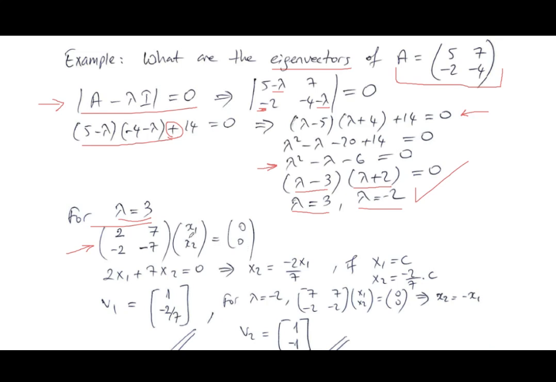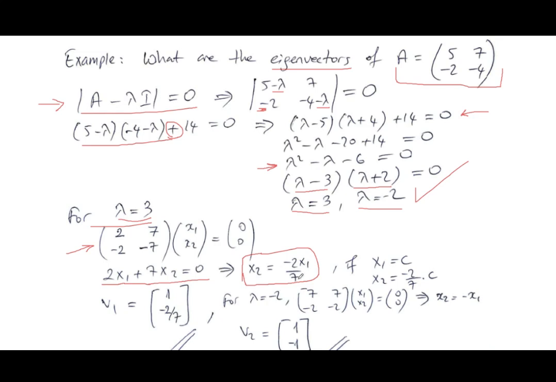So if we write down this equation, we get 2x1 plus 7x2 equals to 0. And notice that both equations will give you this identical equation. So from the first and second equations, both of them give us this result: x2 equals to minus 2x1 over 7.